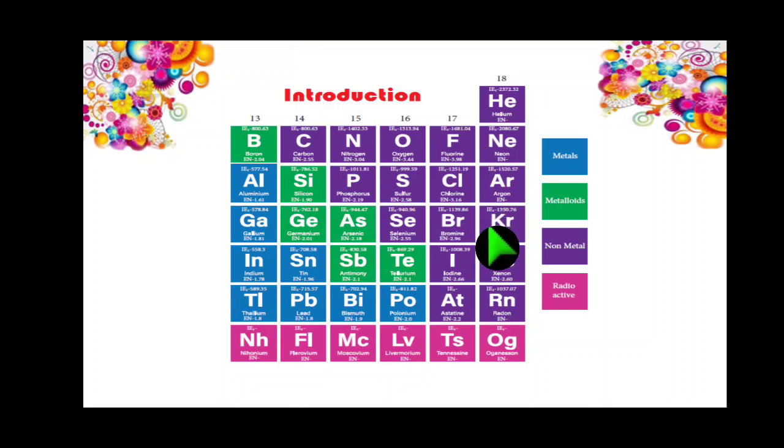The first members are boron, carbon, nitrogen, oxygen, fluorine and helium respectively, right? These are called the first members of the groups. For example, in group 13, boron is the head of the family, so boron group elements.